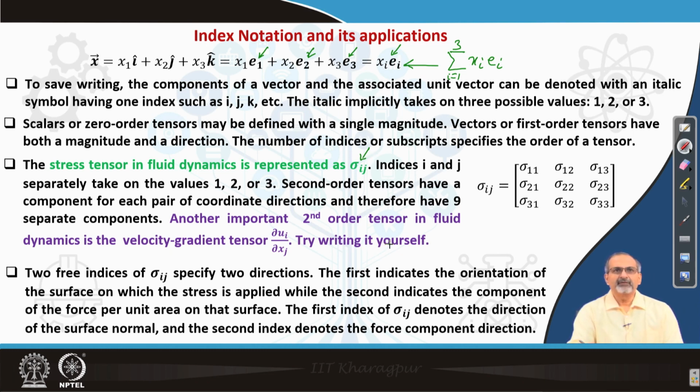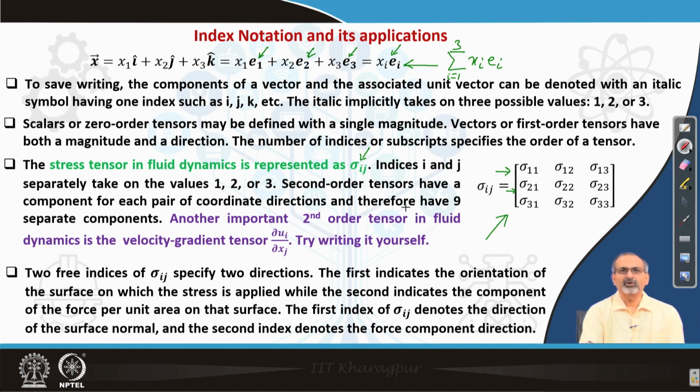Second order tensors have a component for each pair of coordinate directions, and therefore, they have 9 separate components, because i varies from 1 to 3, so does j, and therefore, you would end up having a 3 by 3 number of components. So, that is what is indicated through this matrix here, the sigma ij matrix, where you see in the first row the i remains constant, the j varies from 1 to 3, and then as you move to the second row, the i changes from 1 to 2 and so on.